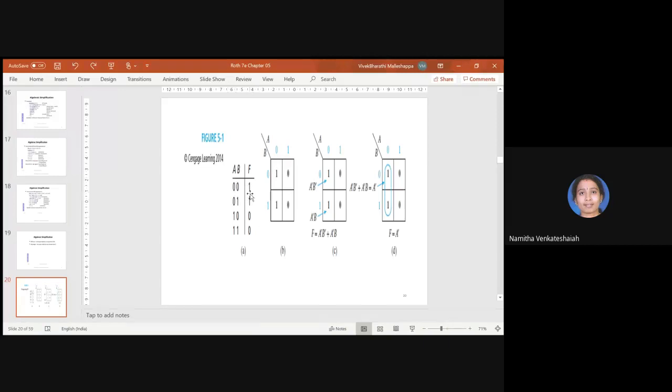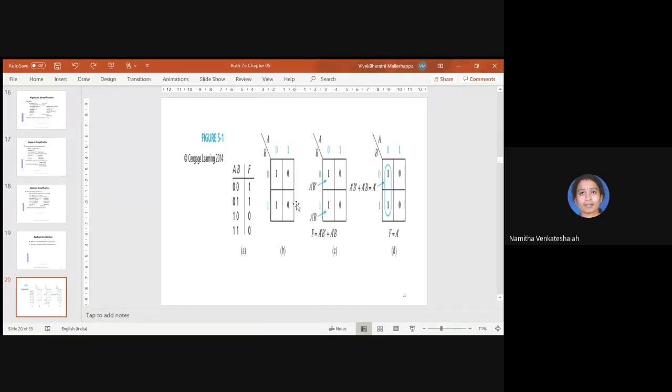First set of input is 0, 0. Second set of input is 0, 1. Third set of input is 1, 0. Fourth set of input is 1, 1. So since I have four sets of inputs, I will have four boxes.